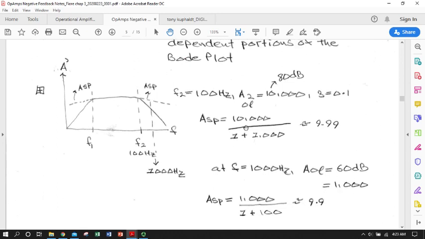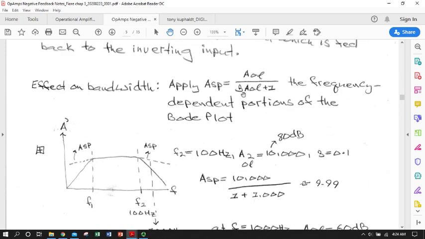So in the case where we're rolling off the edge of the midband here, we're going to plug in our open loop gain in the numerator, and then plug it into the denominator, multiply by our beta, and get 1,000, because 10,000 times 0.1 is 1,000. We add 1 to it, and we have just shy of 10, 9.99.